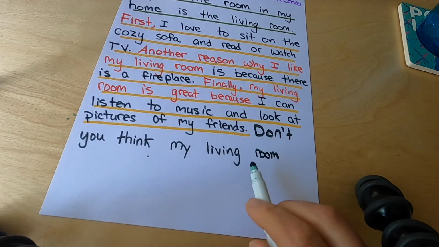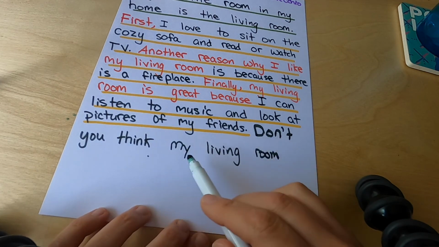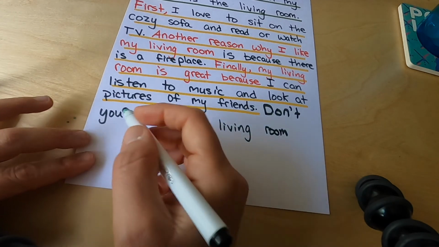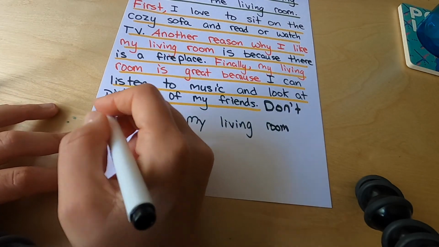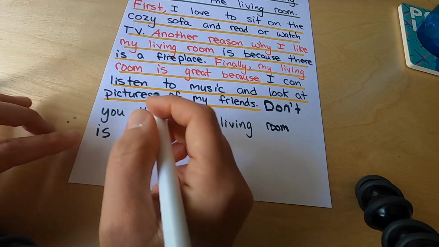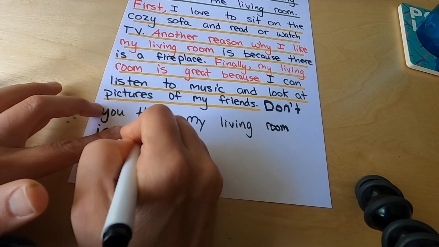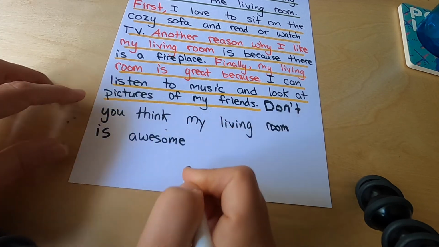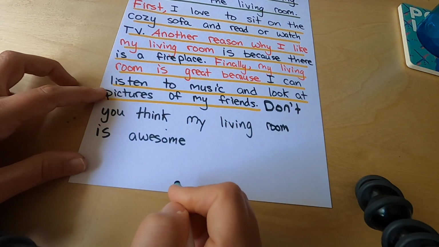Let me go back and reread so it makes sense. Don't you think my living room, I don't have room there. I'm going to come back down here. Don't you think my living room is awesome? Don't you think my living room is awesome?